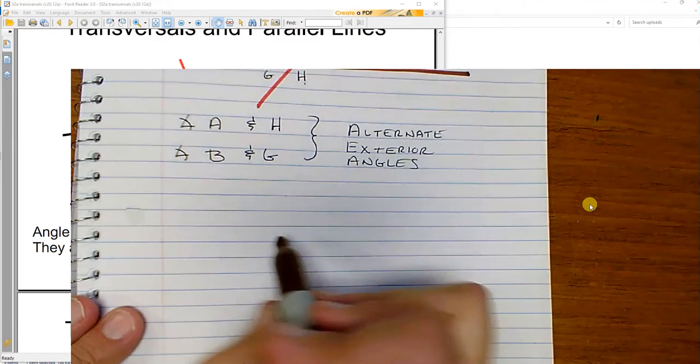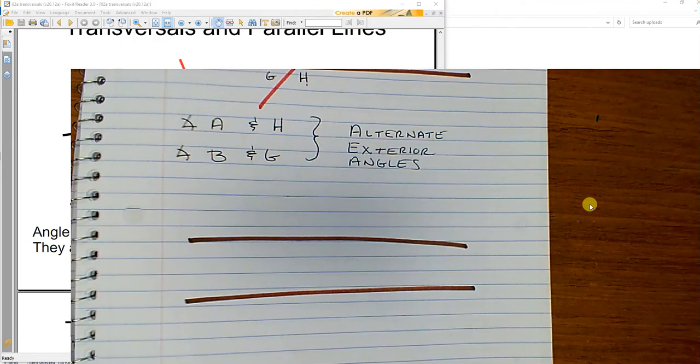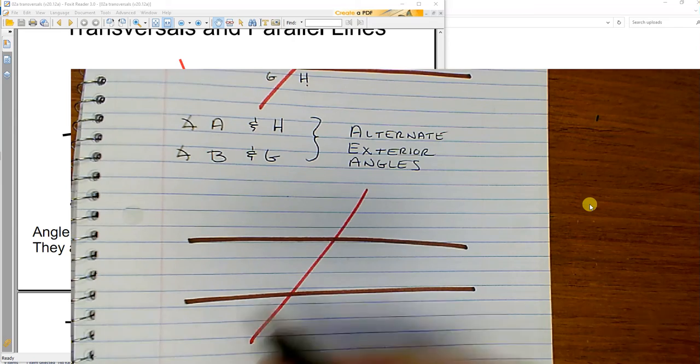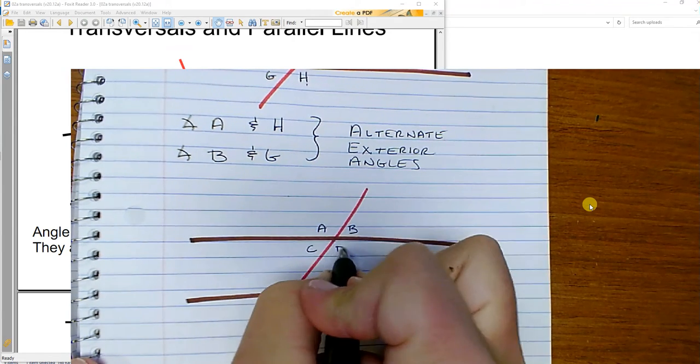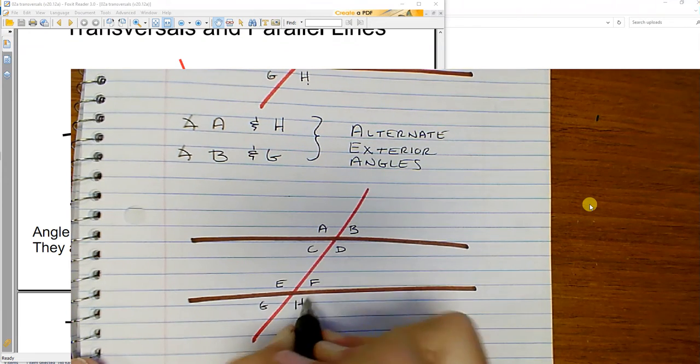So once again, two parallel lines, a transversal, A, B, C, D, E, F, G, H.